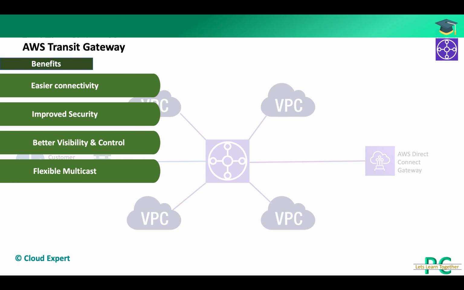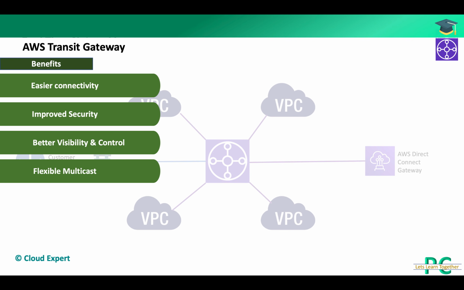That means you can distribute the same content to multiple destinations, and it will eliminate the need for expensive on-premises multicast network devices. So this is a very vital point. I believe, if I am not wrong, AWS Transit Gateway is the only networking component which supports multicast.